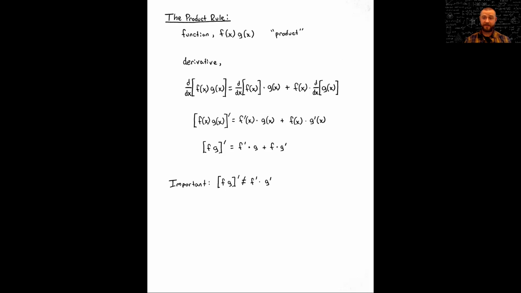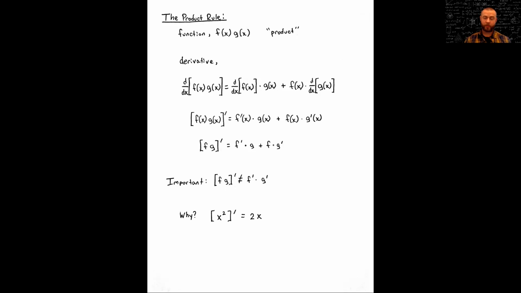The derivative of f times g is not f prime times g prime. All right, now, again, in a mathematics course, it's one thing to be told that. Let's take a look at a specific example to see why this is false, why that can't be the correct version for the product rule.